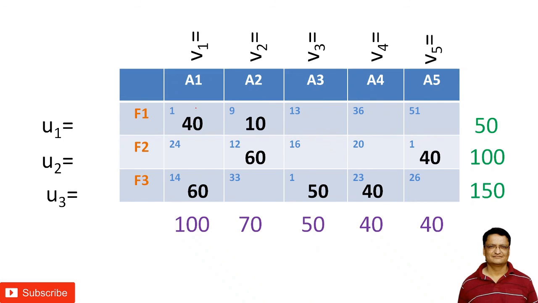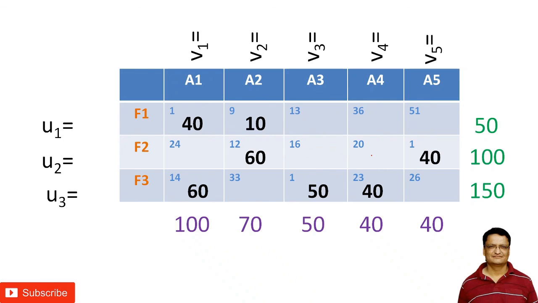Now what is the solution that we have got with this UV method? We need to verify whether this is the final, optimum solution. And how can we find that out? By again calculating the opportunity costs. If all the opportunity costs are positive for all the empty cells, then only can we say that the present solution is the optimum solution.